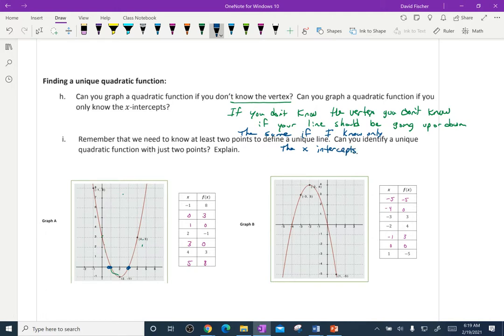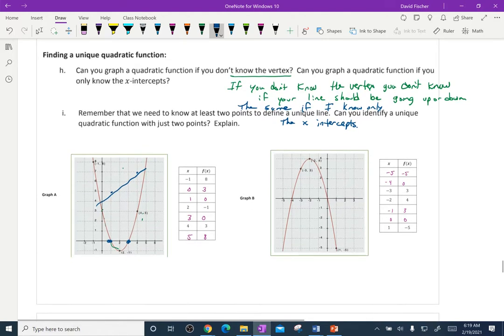Remember that we need to know at least 2 points to define a unique line. So what they're saying is if I have 2 points, I know that's going to be a nice straight line. Can you identify a quadratic with just 2 points? Well, I don't think we can because we just showed that right here when I just said that here's my 2 points. It's very much like the question up above.